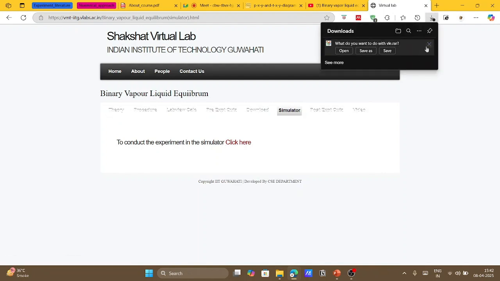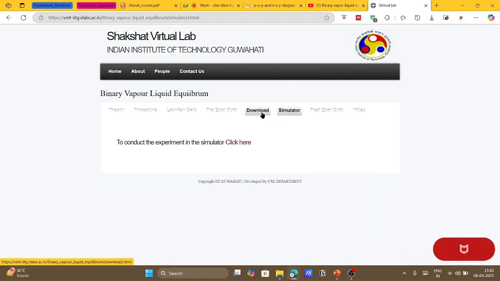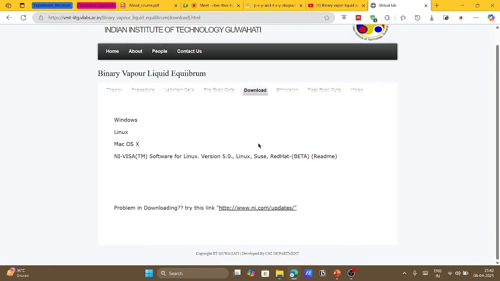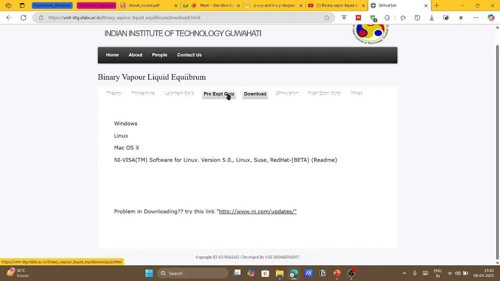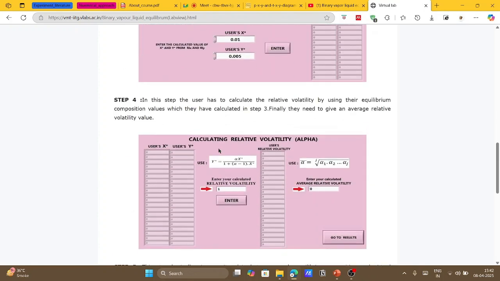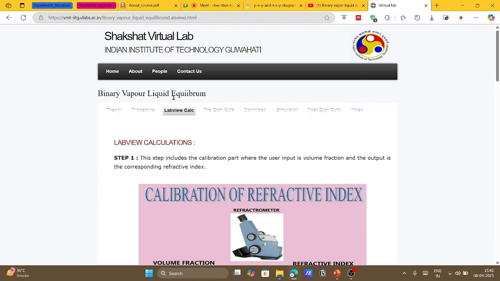They are exe files, but what I have found is that it's not working on my PC. You can try it on your PC also. Probably you will need a flash player for this setup to run, which I don't think is currently available. So we won't be using this virtual lab.